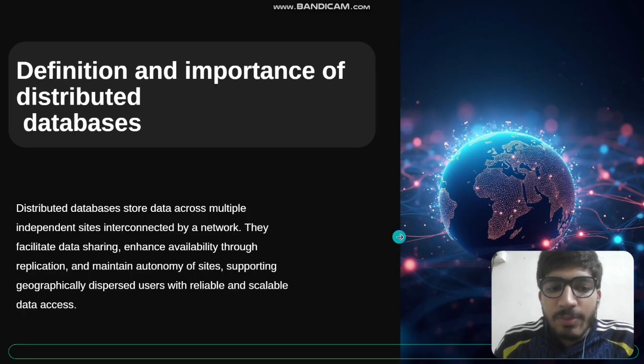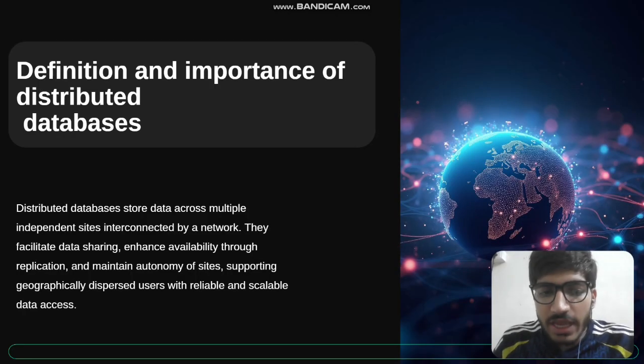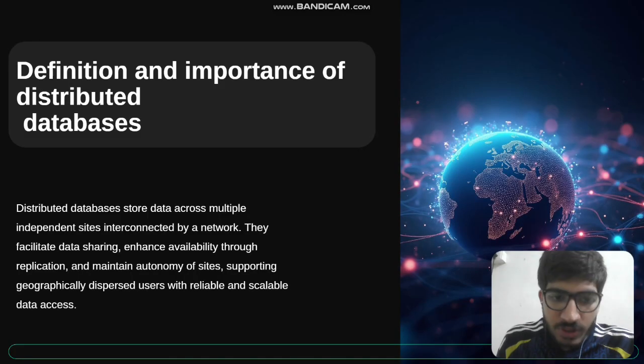So unlike parallel systems, a distributed database stores data across multiple independent sites that are often geographically separated and connected by a standard network. The driver for distributed databases is often organizational structure and reliability. Imagine a bank with branches in London, Tokyo, and New York.